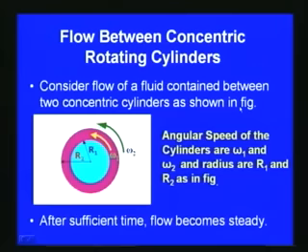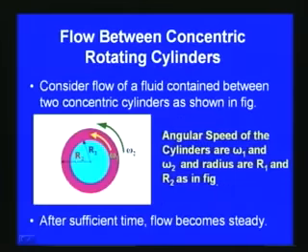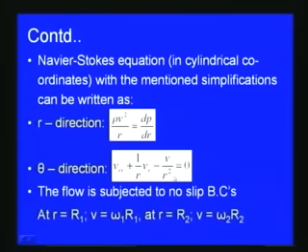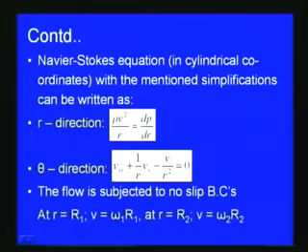Here the problem is like this. We have already seen that small r is the difference between r2 and r1. So the solution finally becomes v(r) = (1/r)(C1 r²/2 + C2), and there are two boundary conditions here.